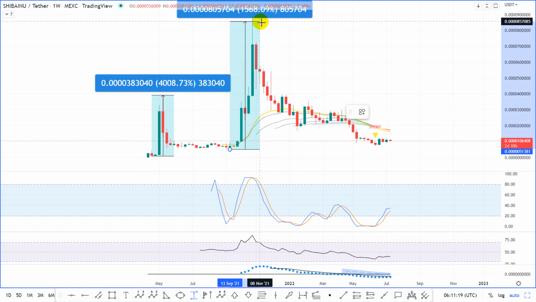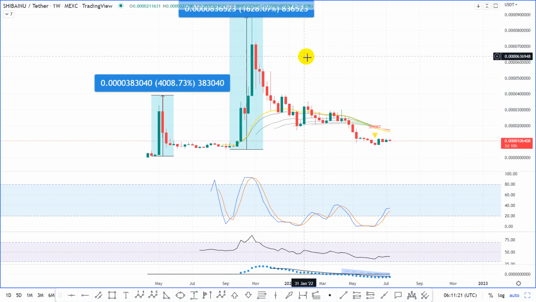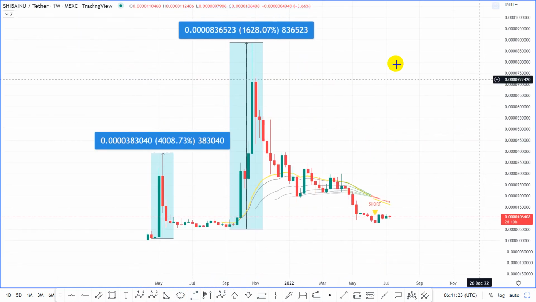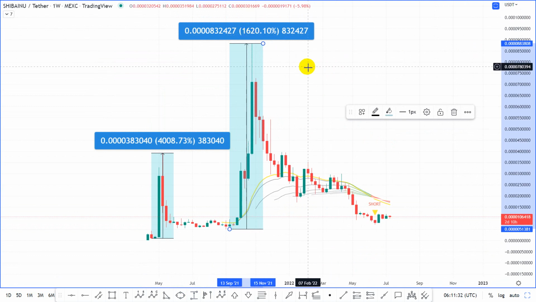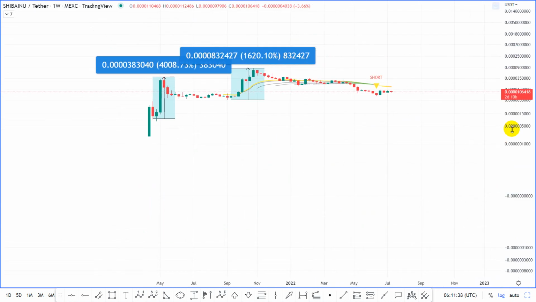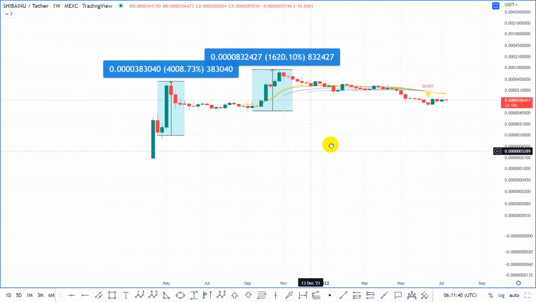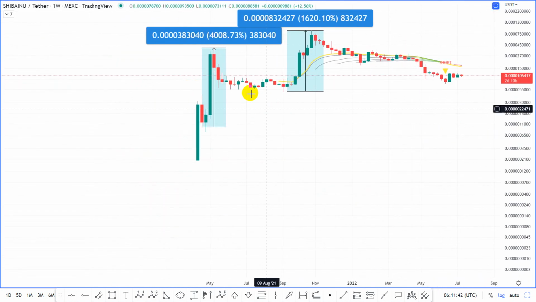Now let's measure this one. Here's the low, here's the high. Okay, let me zoom in like that, a little bit even lower. And that one was only 1.4K% growth, right? So which one is bigger? That one definitely. Now if you switch into the log scale, what you see is exactly what I've been talking to you about, that this one is greater.